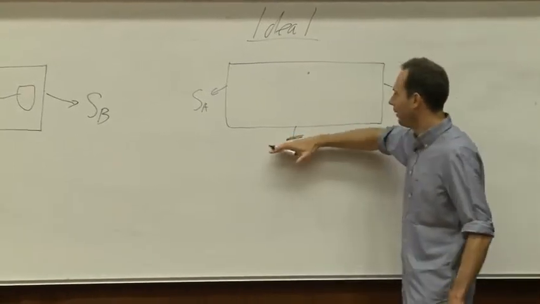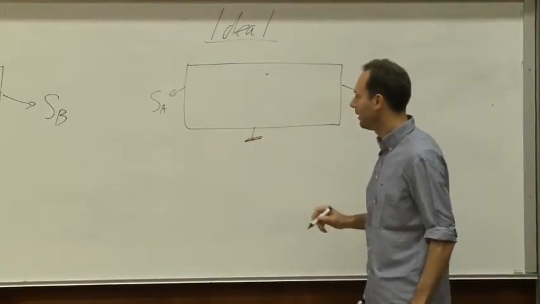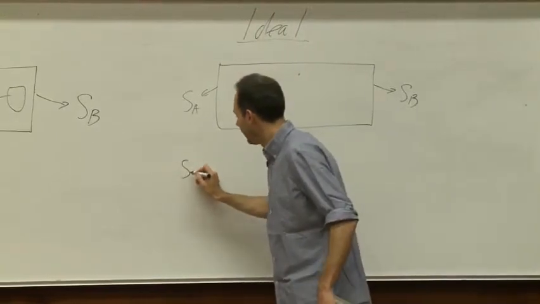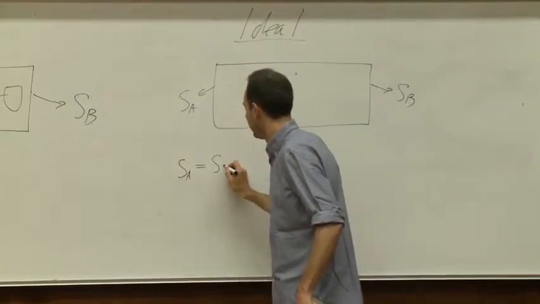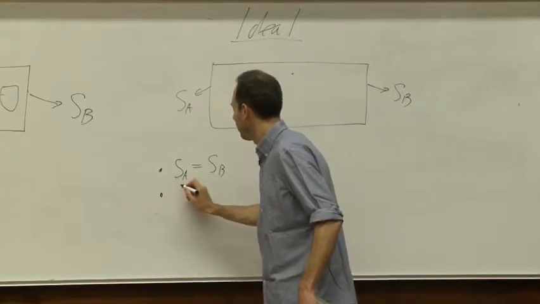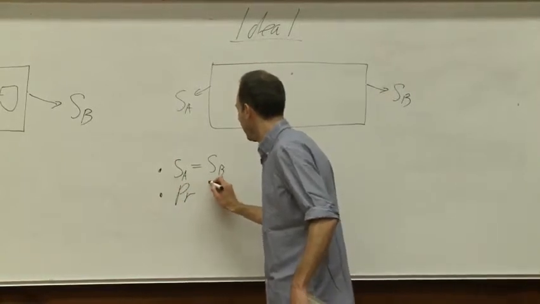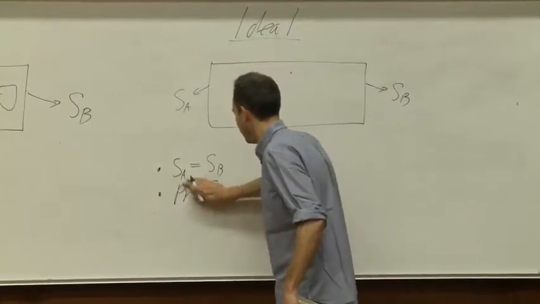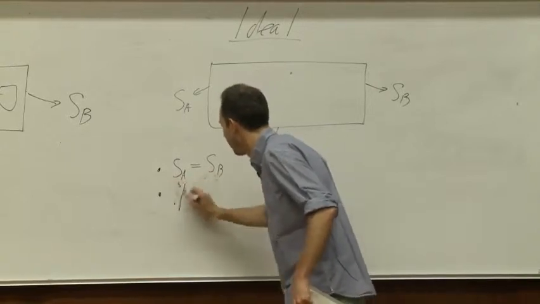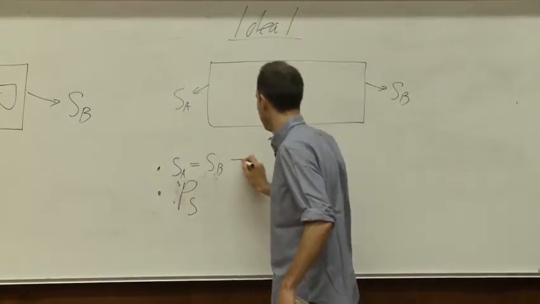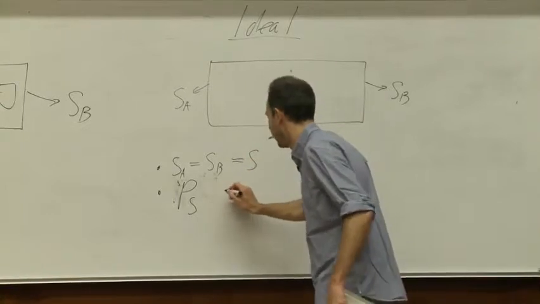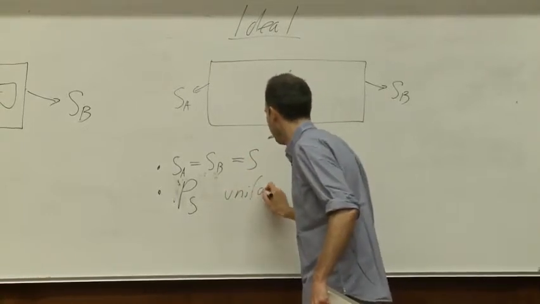I always draw the adversary here in the middle. So first of all, we want that S_A is equal to S_B, and we want that the probability distribution of S, because they're identical I could just call them S, is uniform.